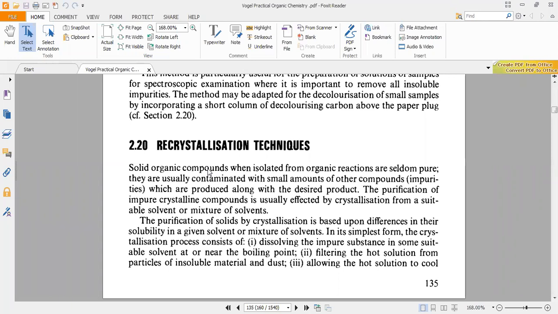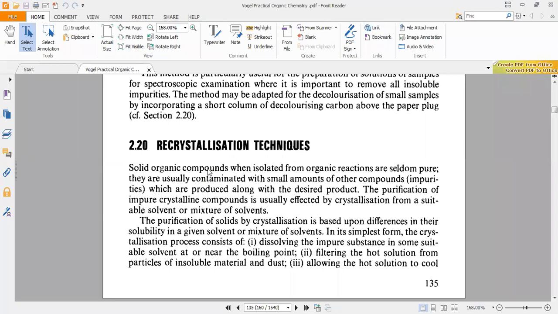Let's say your reagent has a melting point which is more than 150, but your product has a melting point which is less than 80, let's say 70, 75. So these are the temperatures.